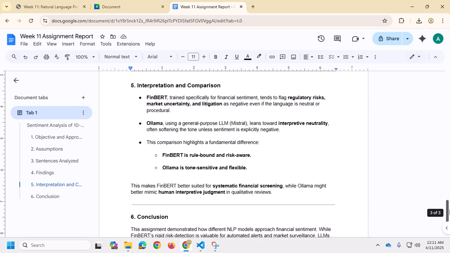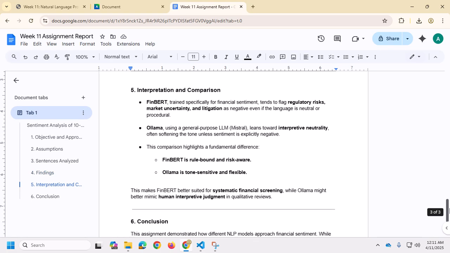So what are the interpretations on this one? FinBERT is trained specifically for financial sentiment and tends to flag regulatory risks, market uncertainty, and litigation as negative, even if the language is neutral or procedural. Ollama is a general purpose LLM, using Mistral. It leans more towards interpretive neutrality, and often softens the tone unless the sentiment is explicitly negative.